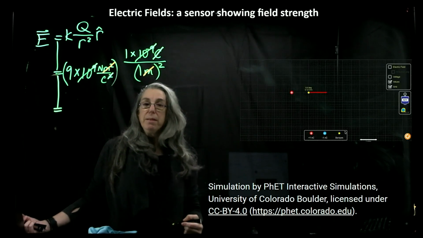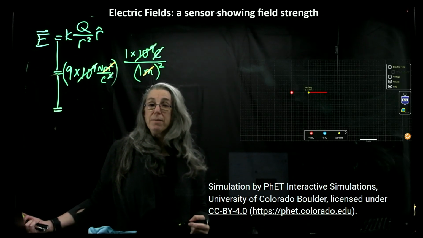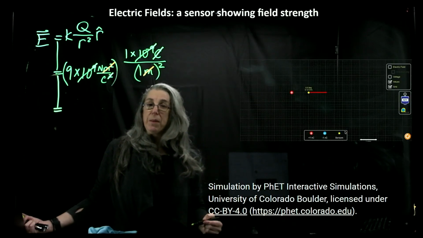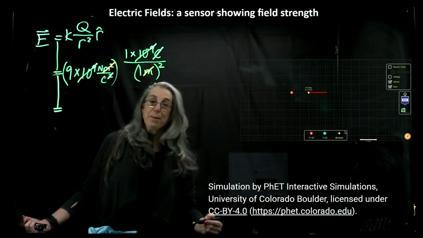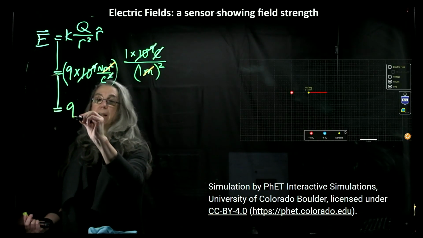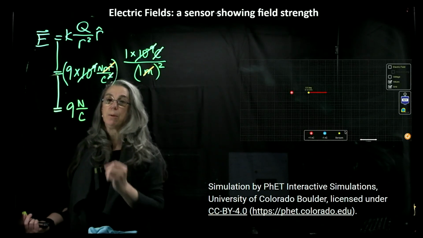You add exponents when you multiply, so 10 to the positive 9th times 10 to the negative 9th means 9 minus 9 is 0. So the powers of 10 go away. This works out beautifully to be 9 newtons per coulomb.